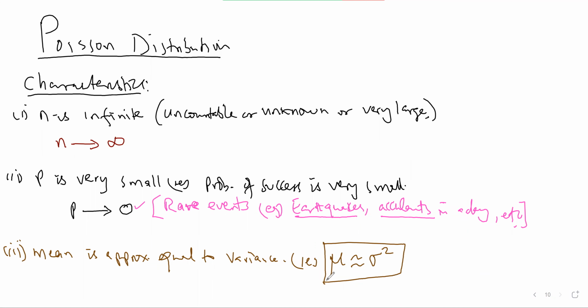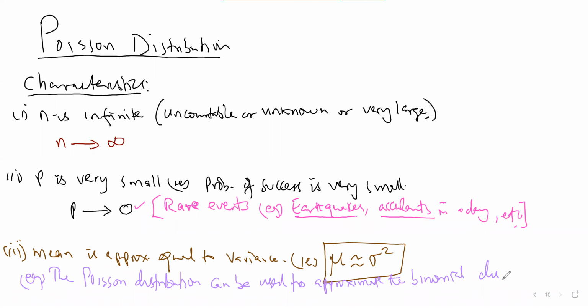And we can illustrate that using a binomial distribution. For example, the Poisson distribution can be used to approximate the binomial distribution when 3 is satisfied.